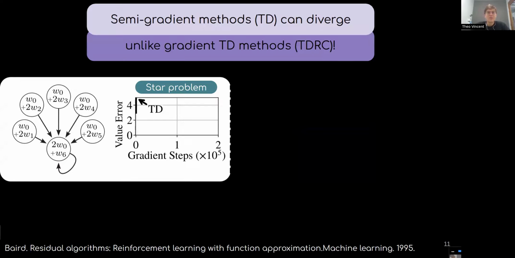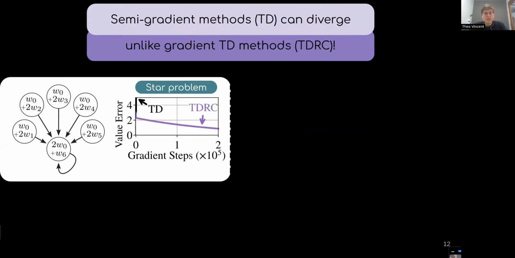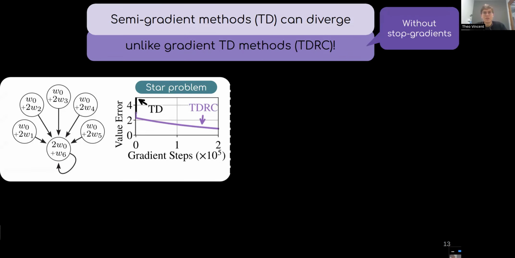Gradient TD methods, such as TDRC, actually exhibit a converging behavior, where the value error goes down as the number of training steps increases. This is because those methods are not using semi-gradient updates. They are kicking out the use of the stop gradient operation.